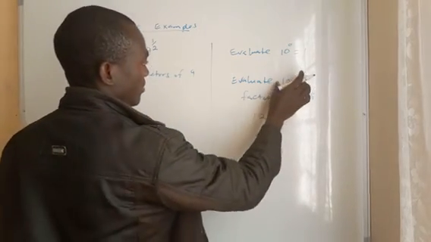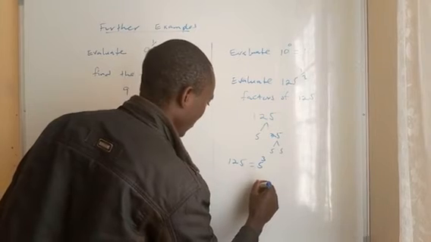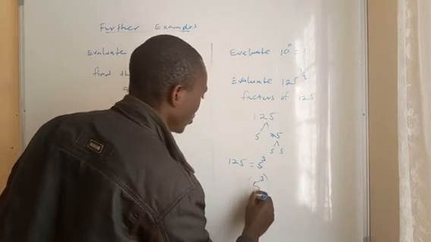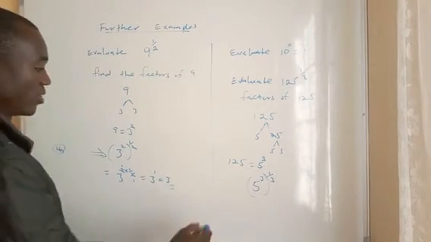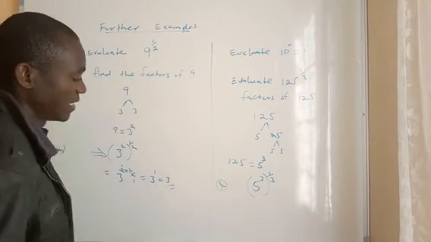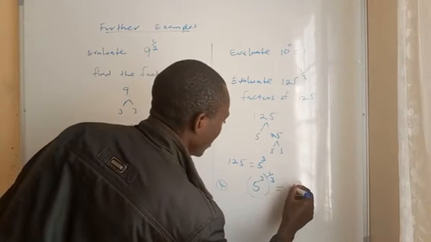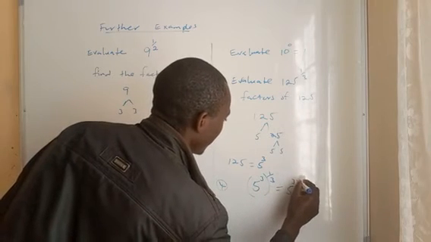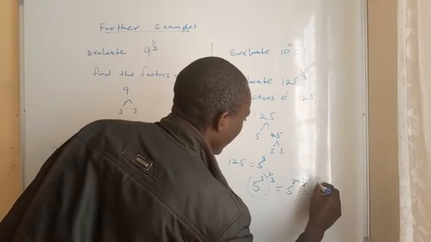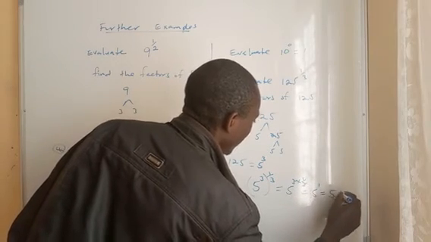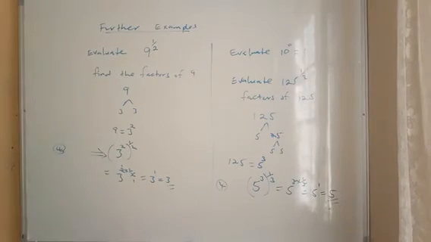So this is 5 power 3, raised to what power? To power a third. I think law number 4 has been applied. So we say this is 5 power 3 times a third. 3 and 3 will cancel, remain with 5 power 1, which the answer is 5. The answer is 5. Laws of indices.